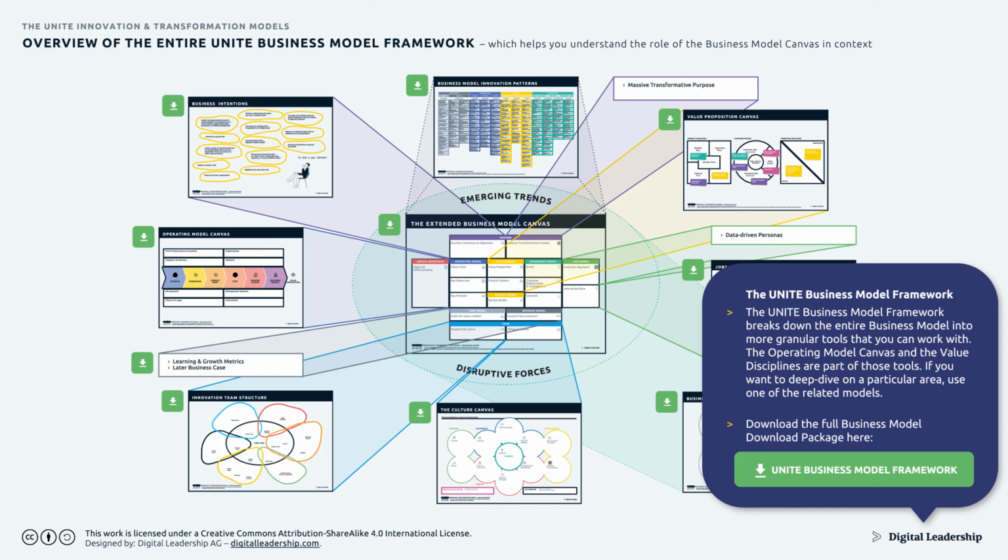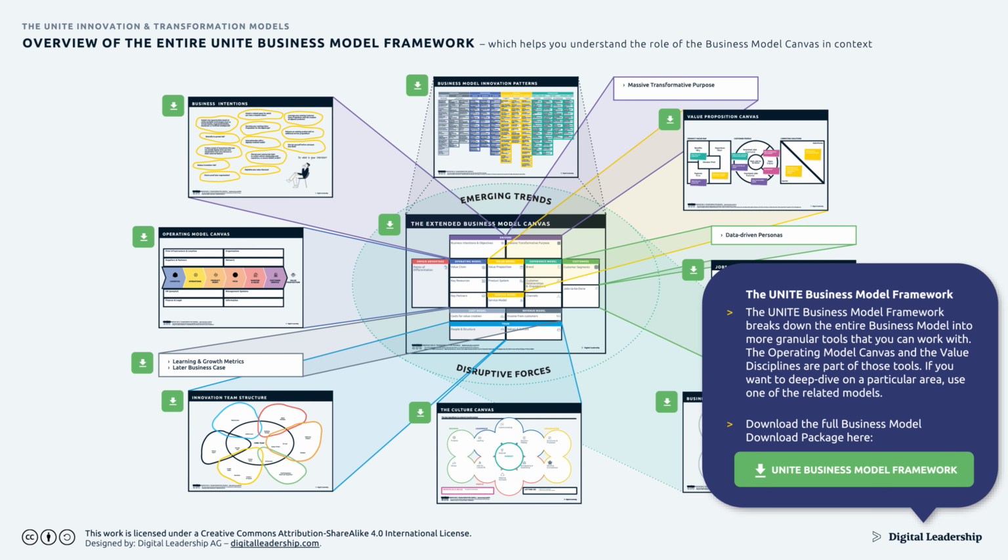How the Unite operating model integrates with the rest of the Unite models. The operating model canvas nicely integrates with all other Unite models. As an example, here you see the business model framework, the first of its kind globally. The business model framework shows the business model canvas in the very center.